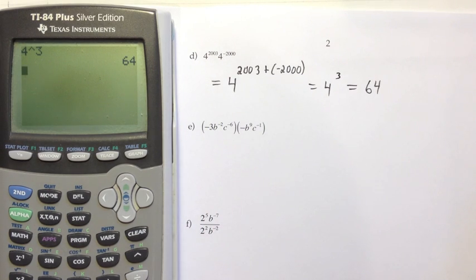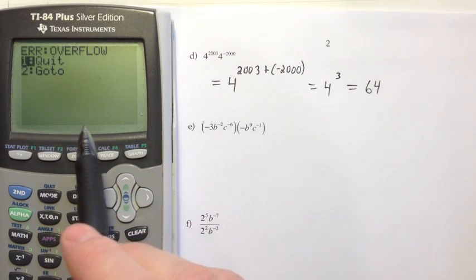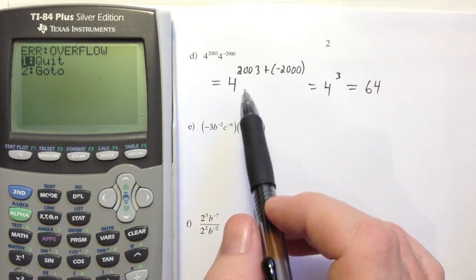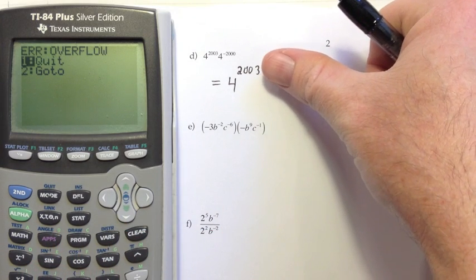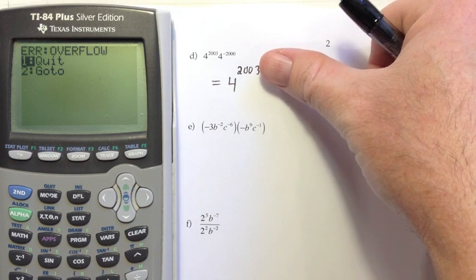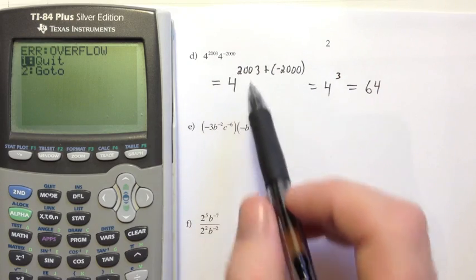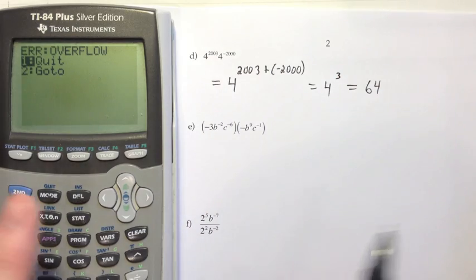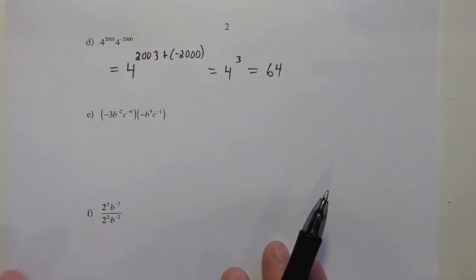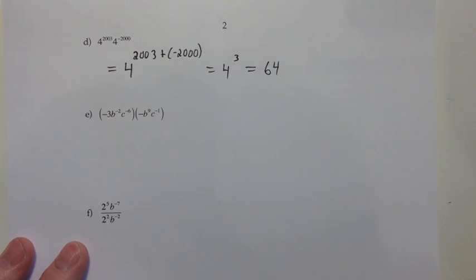If you try that and you do 4 raised to the 2003 and you press enter, you get this error: overflow. That's because 4 to the 2003 is too big of a number for your calculator to handle. So you actually have to know how to use those exponent rules or you're going to get stuck on this one.